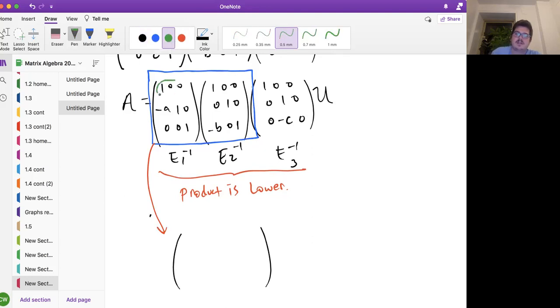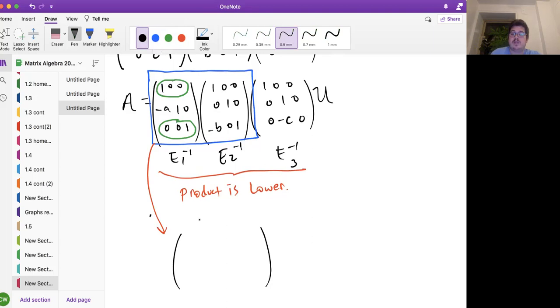What does this being 1, 0, 0 and this being 0, 0, 1 tell you? What does that tell you about the product? You know, these rows that look like identity, what does that tell you about the product? Right, they don't change the first and third row.